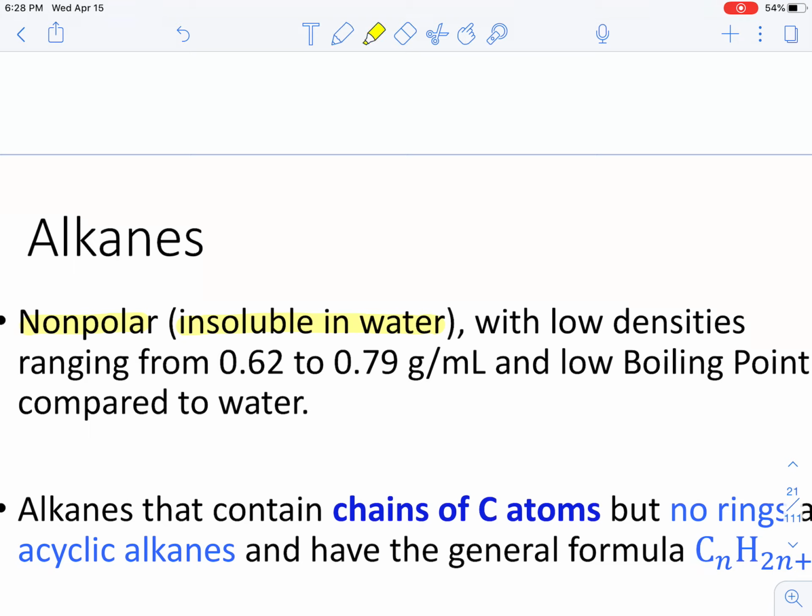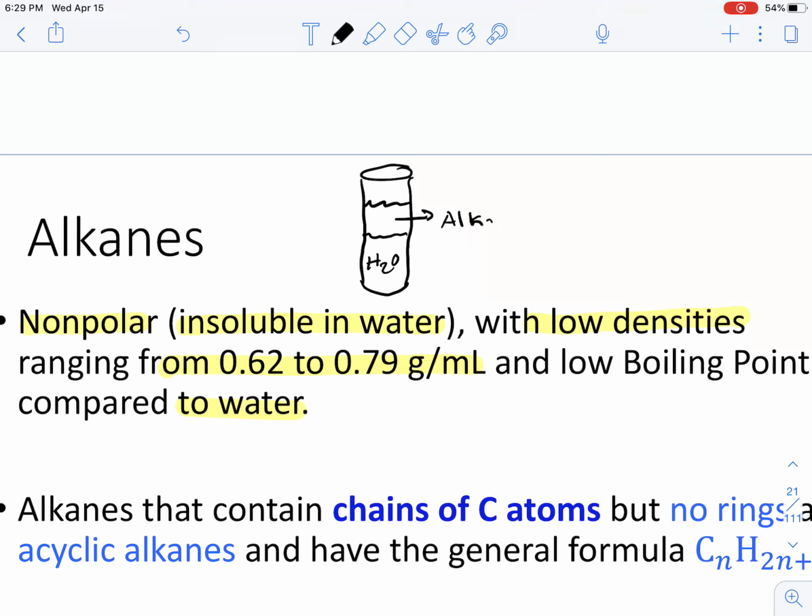And since the density of an alkane is typically lower than that of water, if you were to mix an alkane with water, you are going to see a separation between the two, such that the top layer of your solution is going to represent the alkane, and the bottom layer is going to be water. So imagine putting oil and water together, oil floats on top because it's less dense. The same thing occurs for alkane.